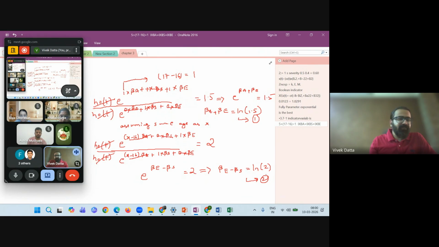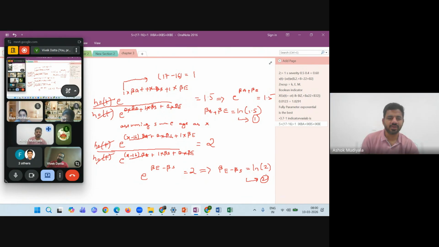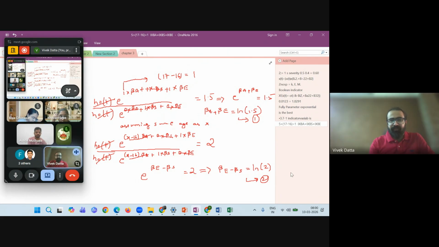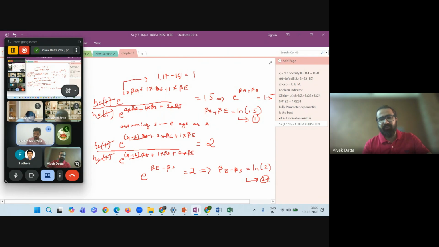Ashok, are you doing it or just watching? No, I'm just looking at the equation which you're writing. But solve it. I'll give you all 2 minutes to solve it also, till here. Make sure you try it on your own and get it. Then we'll do the third one. This is all about doing. I'm showing it to you because it's the first time, but you have to ensure that you do it yourself.